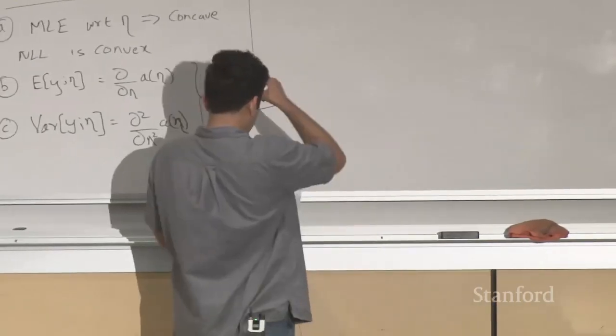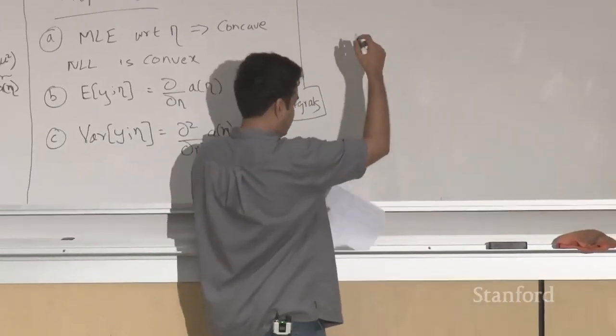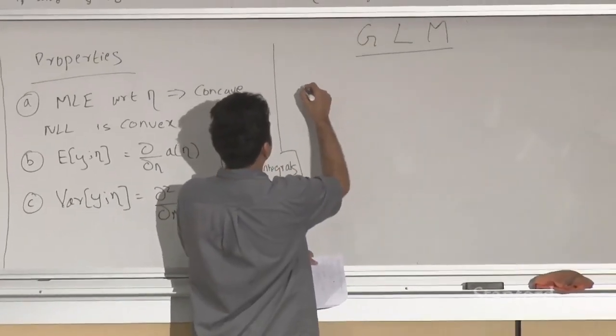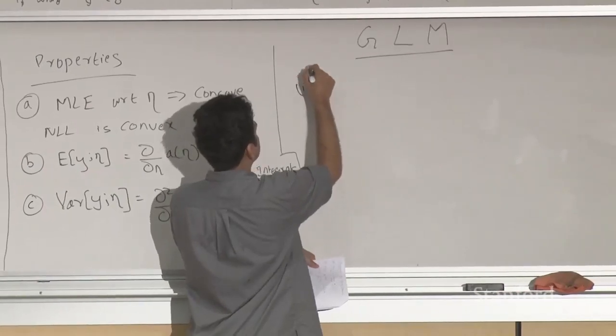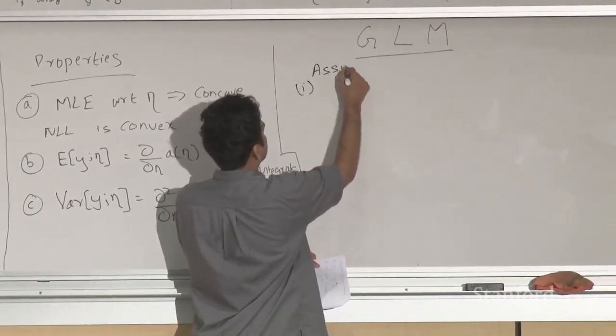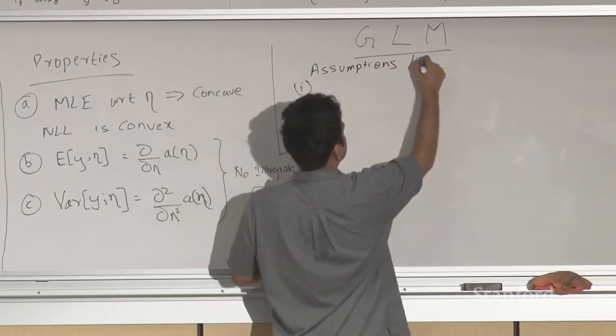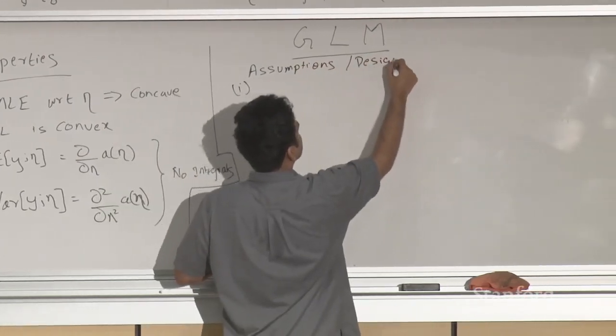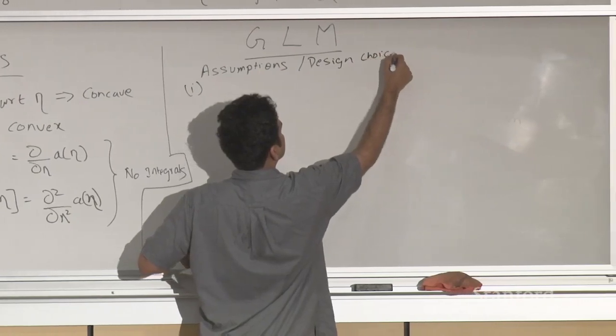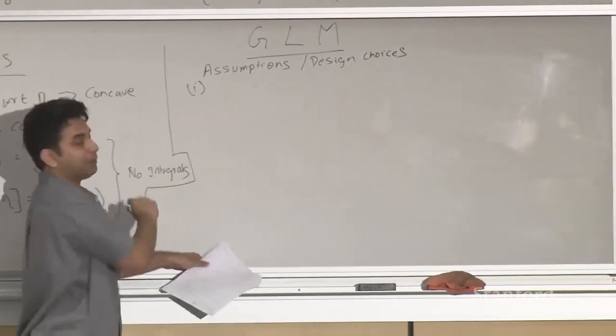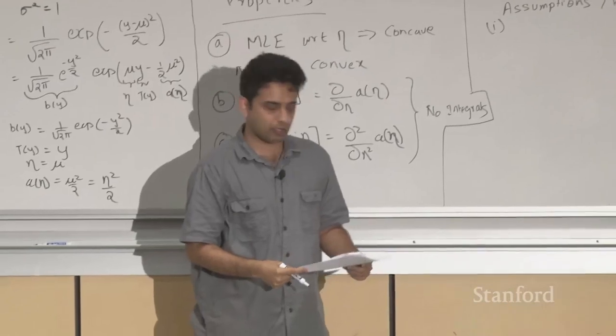So the assumptions we are going to make for GLM, these are the assumptions or design choices that are going to take us from exponential families to generalized linear models.